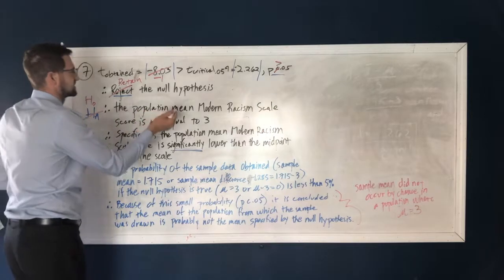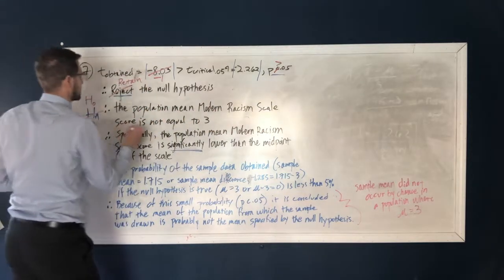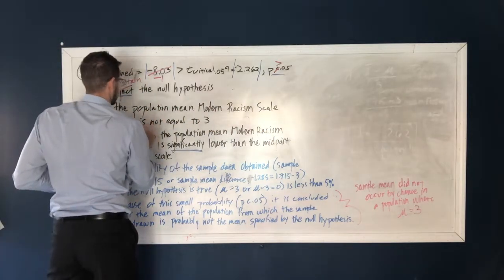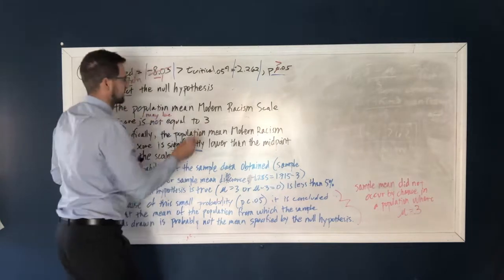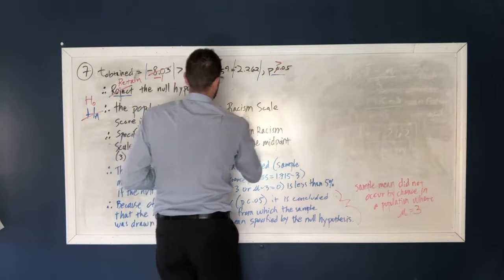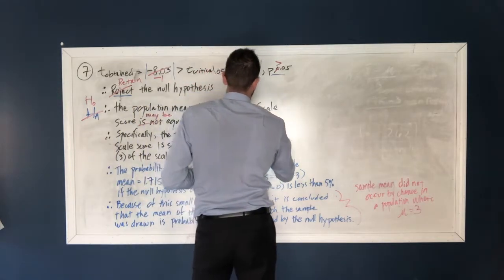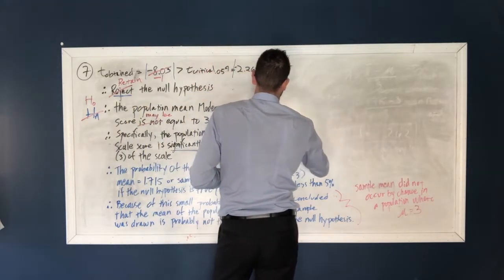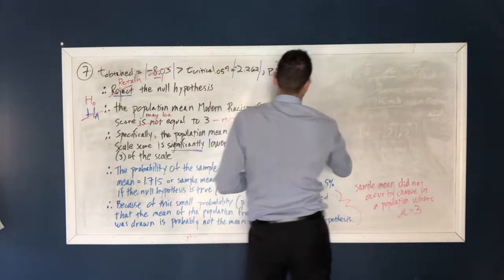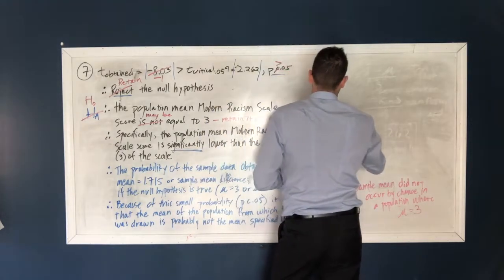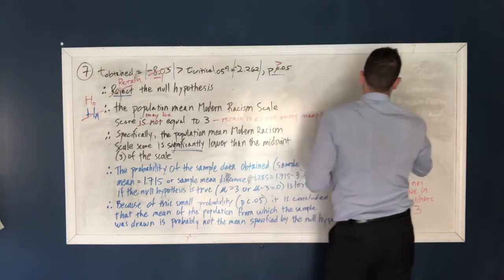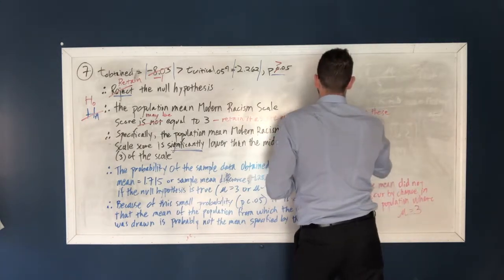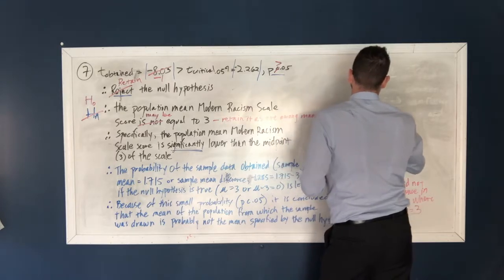Okay, so the population mean modern racism scale score may be equal to 3. Retain it as one among many hypotheses that these data support.